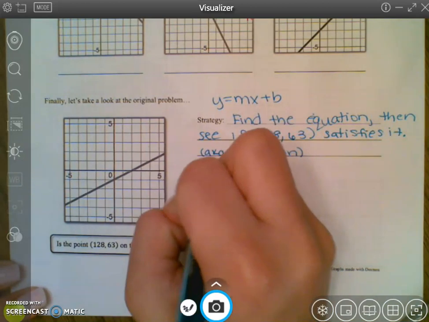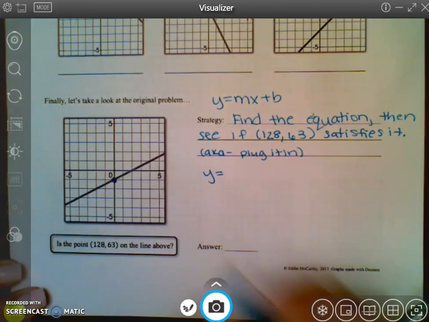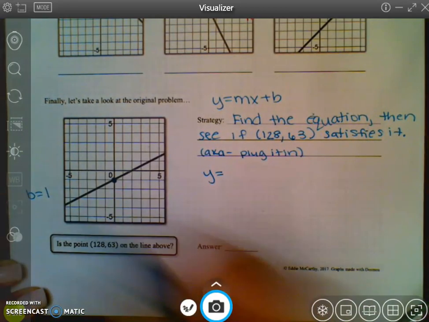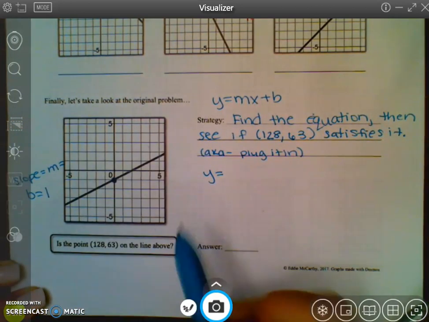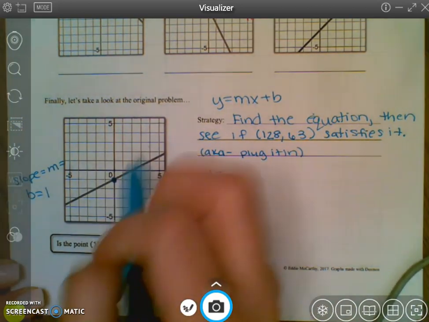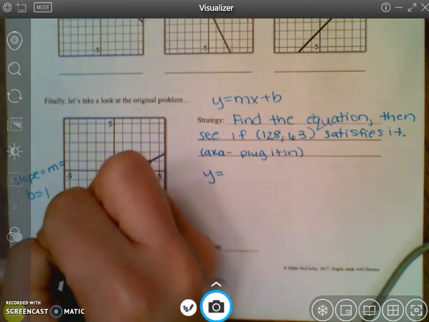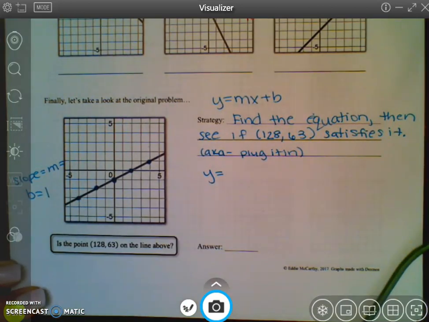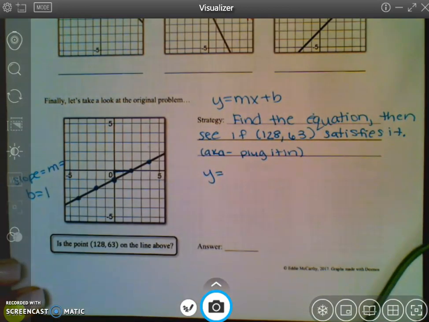So y is going to equal, I have my b, so my b equals 1, and I need my slope, which is my m, which if I go point to point, these are all exact crossings. You can choose any of those points to do your math on. I'm just going to go one point to the next, so I'm just going to choose here to here.